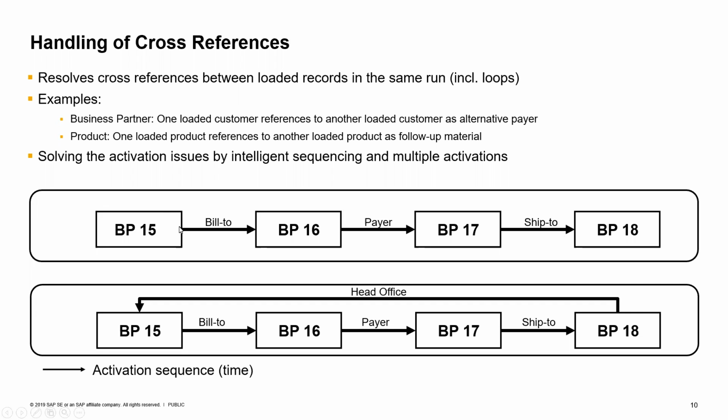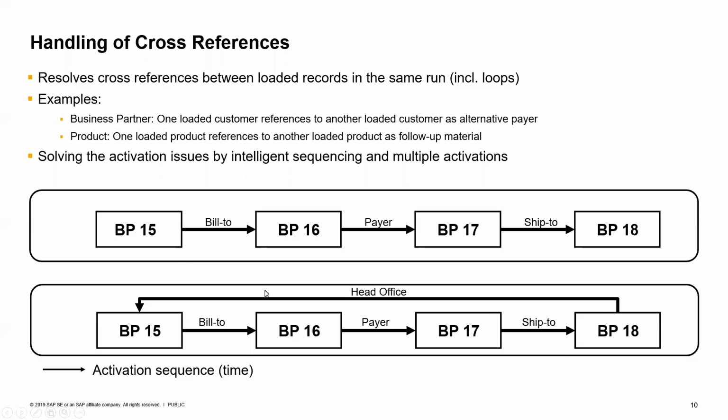And if you load everything and they are activated in a specific sequence, everything is fine. But the problem is if you start to activate 15 and 16 is not yet there, you get an error. And now with this functionality, we just try by intelligent sequencing to find out the right sequence to get all the data activated in one step in the system.